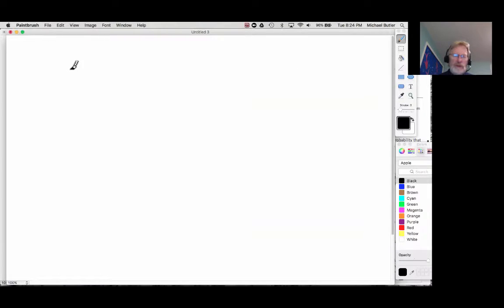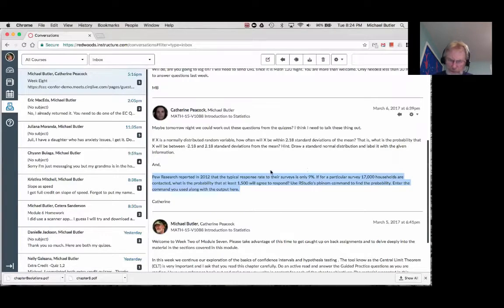So if it's going to be a binomial model, we need to know n and we need to know p. The binomial model has two numbers to make it work, just like the normal one does. So let's go back and take a look. They're saying that the p is 9%, so the probability of response is 9%.